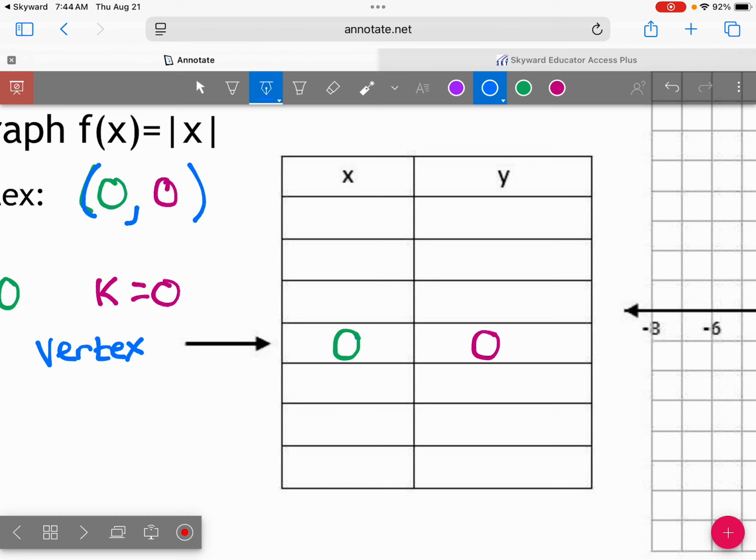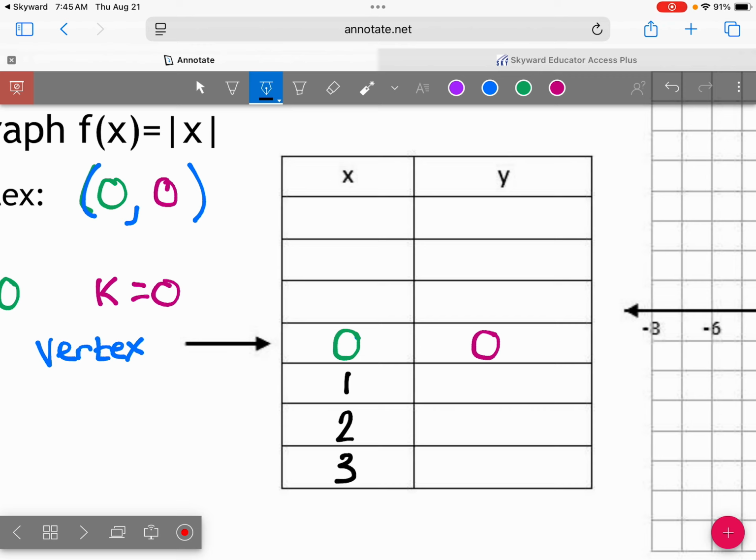Then we're going to pick x's to find y's so that we can get some points, right? So we need some x's that are bigger than 0. We need some x's that are smaller than 0. What are some x's that are bigger than 0? 1, 2, 3.